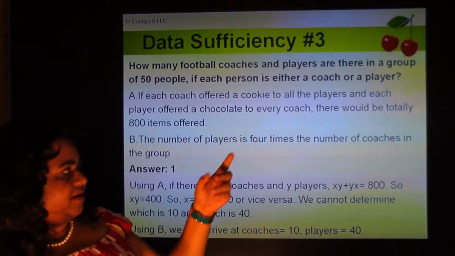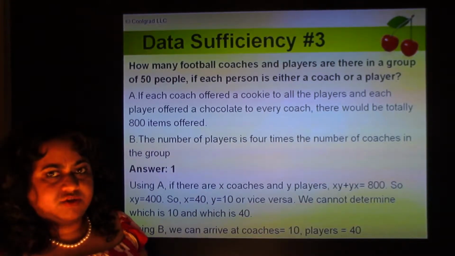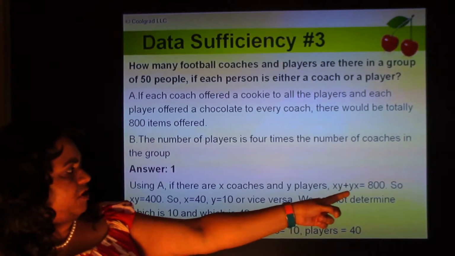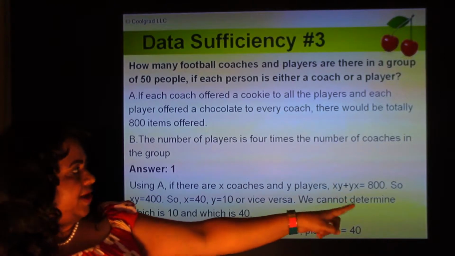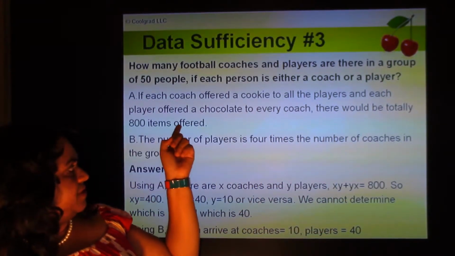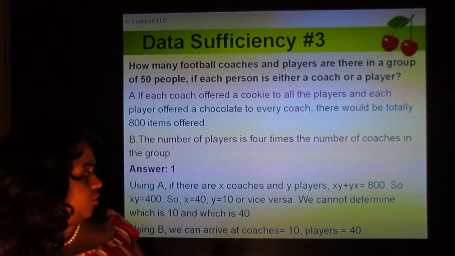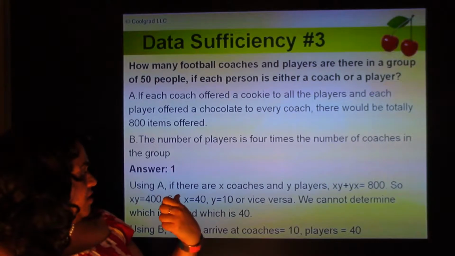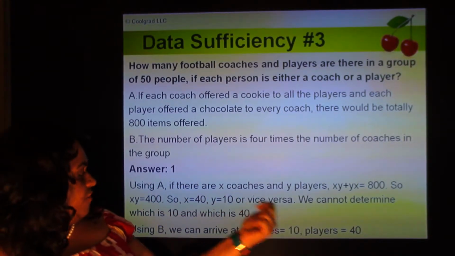And then each of the Y players would give a chocolate to every coach, so YX chocolates would be exchanged. So the total number of items offered is XY plus YX equals 800. So 2XY is 800, or XY is 400, so either x is equal to 40 and y is equal to 10, or vice versa.